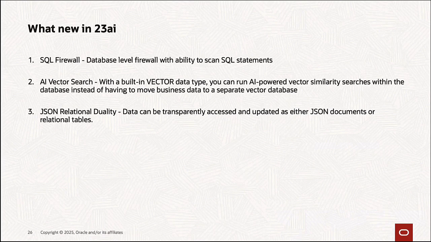This adds an added layer of security at the database level where you can audit SQL statements and choose if you want certain statements to be able to run or not. You have AI Vector Search, enabling you to run AI-powered similarity searches within your database without the need for additional services or data migration. And of course, you have JSON Relational Duality. This just means that data can be read or updated in both relational tables as well as with JSON documents.